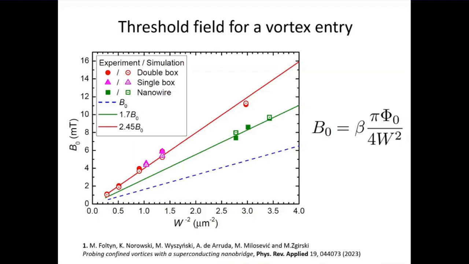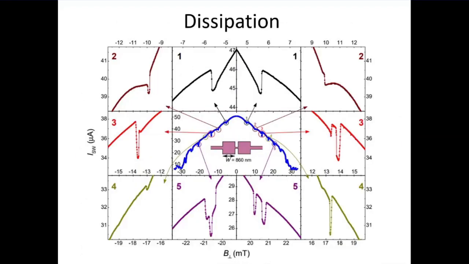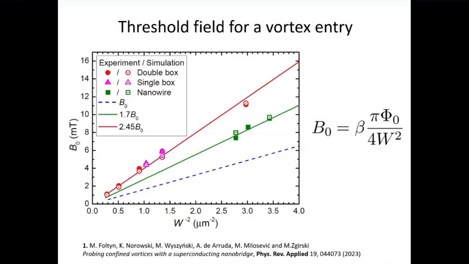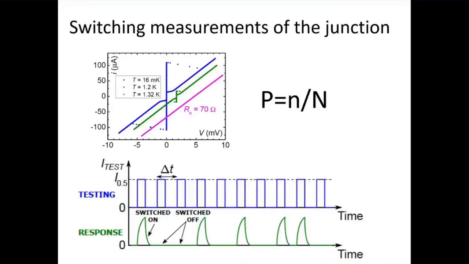Okay, is there any critical magnetic field formula for multiple vortices, like 2, 3, or 5? Yes, for the next vortices, they will roughly enter at multiples of this flux, like you see here.